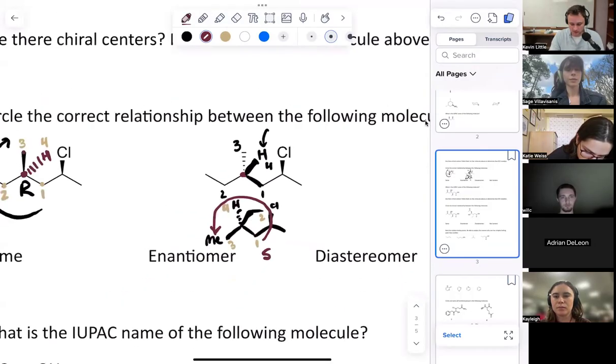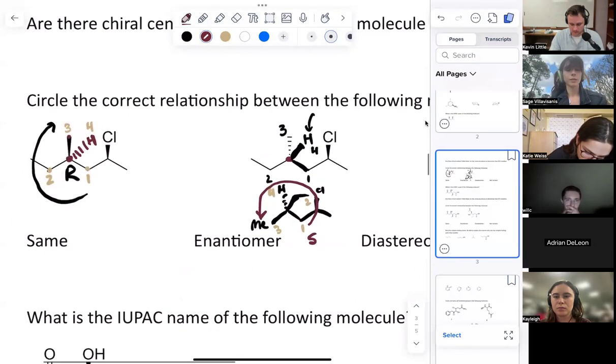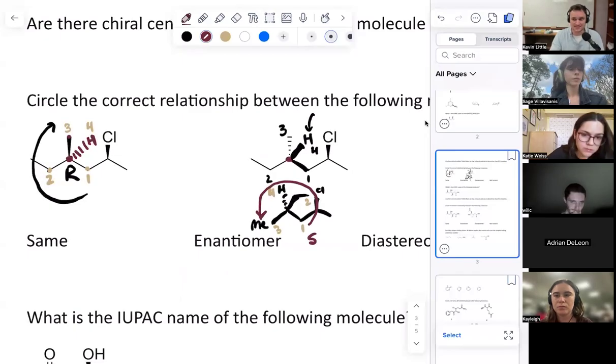If my hydrogen is on a wedge versus on a dash with the same chiral center, it's the exact opposite configuration. This one's an R, this one's an S. So if the hydrogen's on a wedge, you can do the R and S and then just flip it.